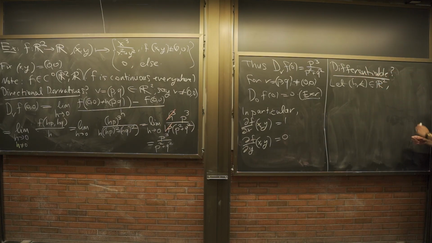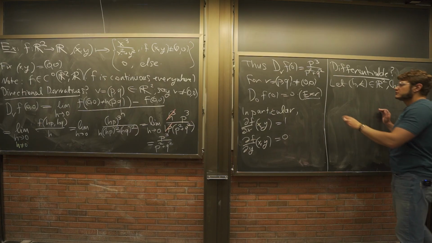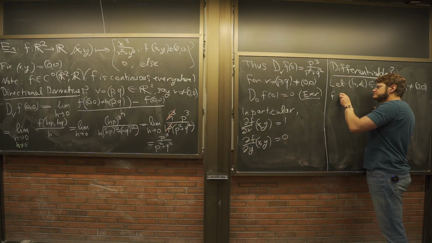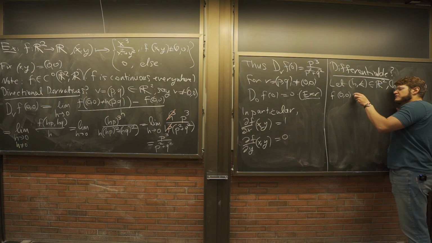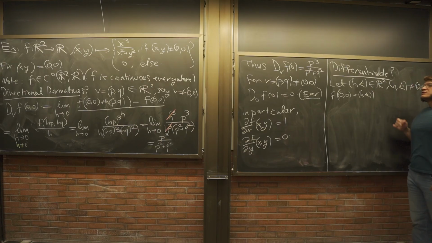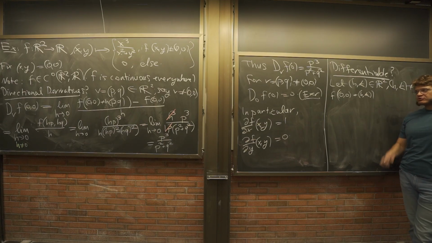This is an infinitesimal in a sense. And so I look at this. I start with the origin, and then I perturb it just a little bit. And I'm saying, can I write this as f of 0, 0 plus some linear function of this guy plus higher order terms, if possible?